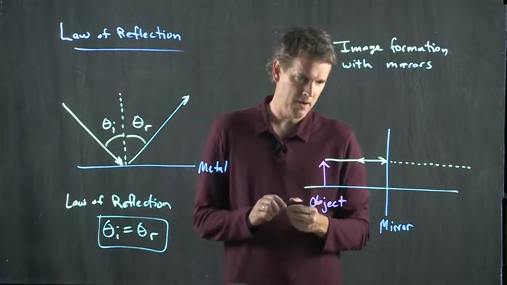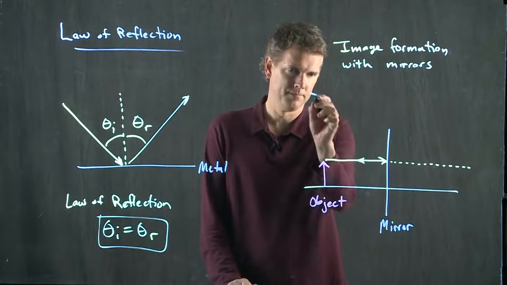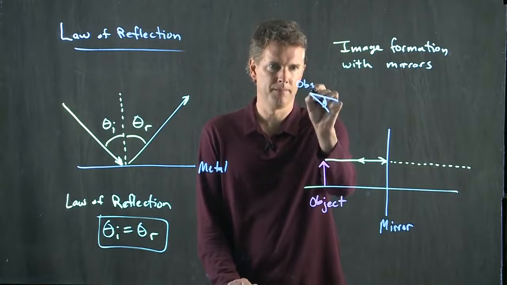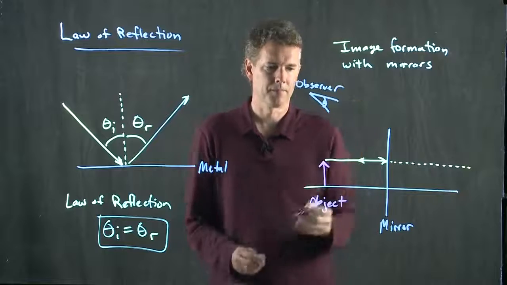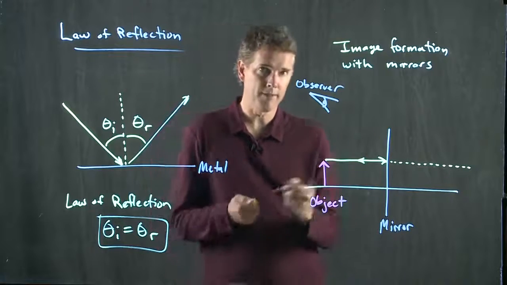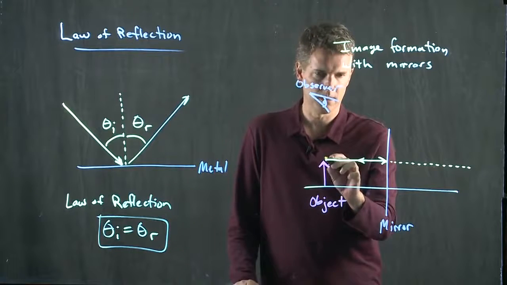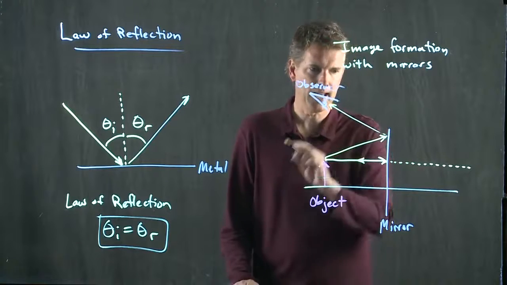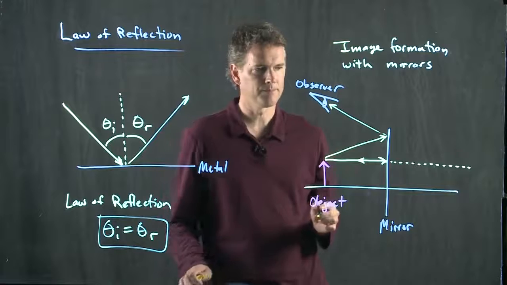Now, if I think about an observer, here's my observer, then there will be a ray from the tip of this object that comes up and bounces off and goes into the eyeball.